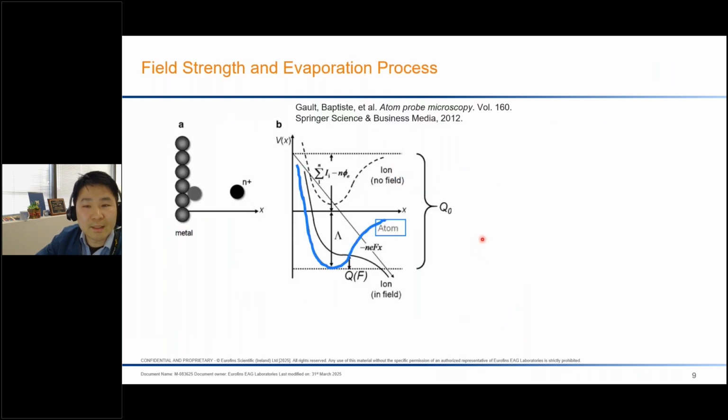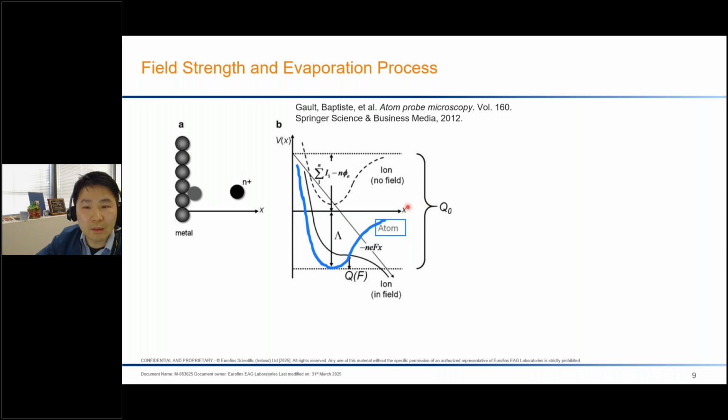Although the exact mechanism of field evaporation is unclear, it is commonly described as a thermally activated process. The diagram shown here is the potential energy of an atom on a conductive surface. The blue curve describes the potential energy of an atom as a function of distance.